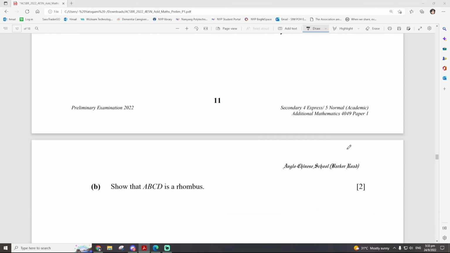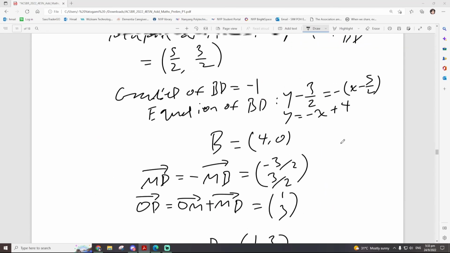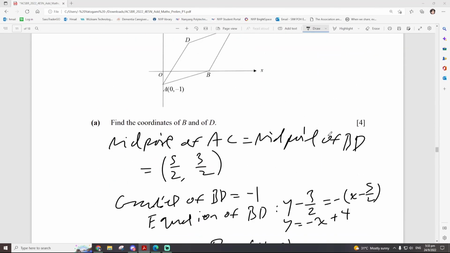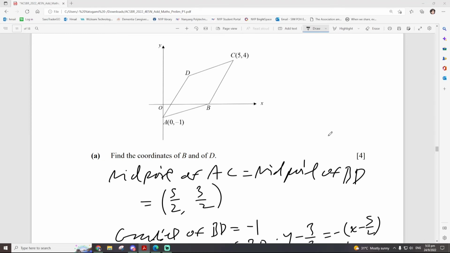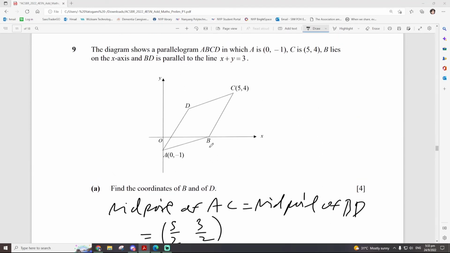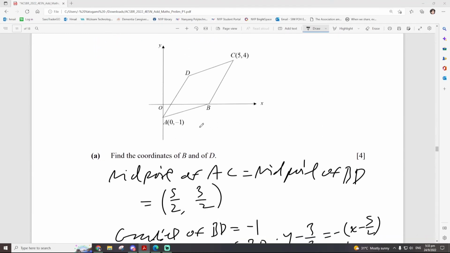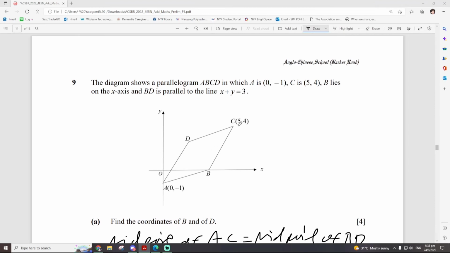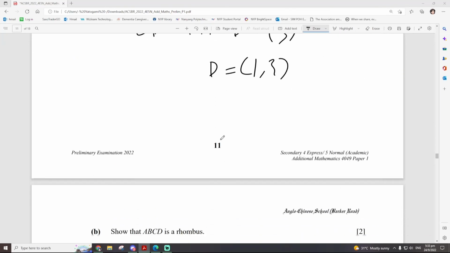Okay. Show that ABCD is a rhombus. I can actually just consider the gradient of BD. There are two ways. I can consider the gradient of BD, which is -1. The gradient of AC, you can actually find that it is +1. Diagonals of a rhombus are perpendicular, and those two diagonals are perpendicular. So I give you that option.